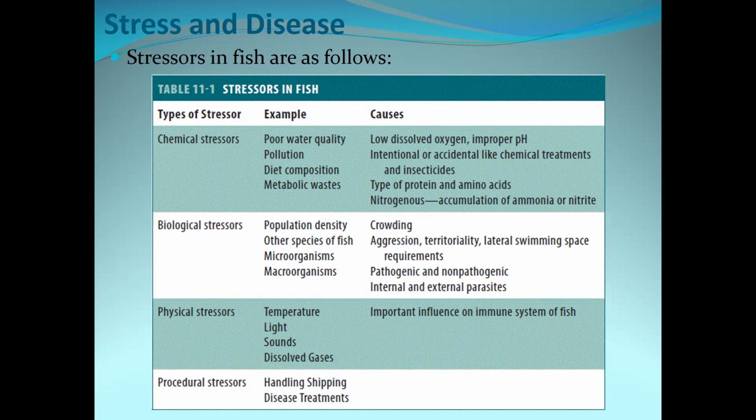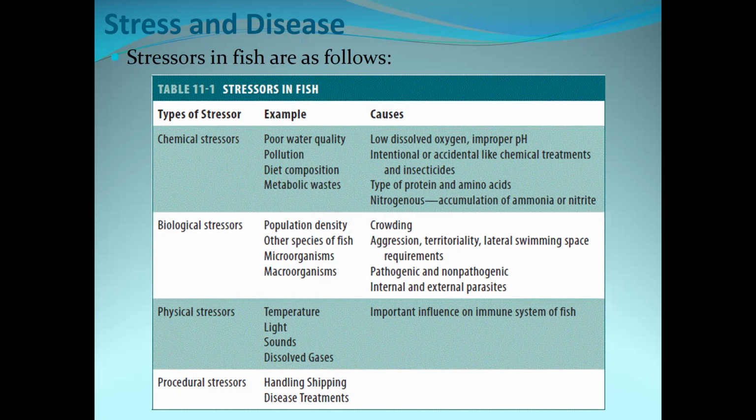Then we have biological stressors, right? Things like population density and other species of fish. Let me say we have fish that are normally omnivorous or herbivorous in the tanks, and then you introduce a carnivorous fish. Definitely we have a predator-prey relationship existing there.